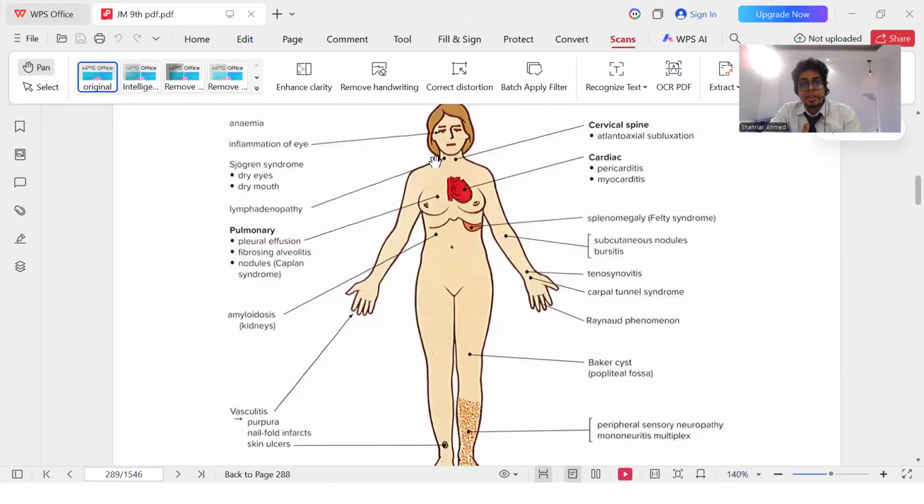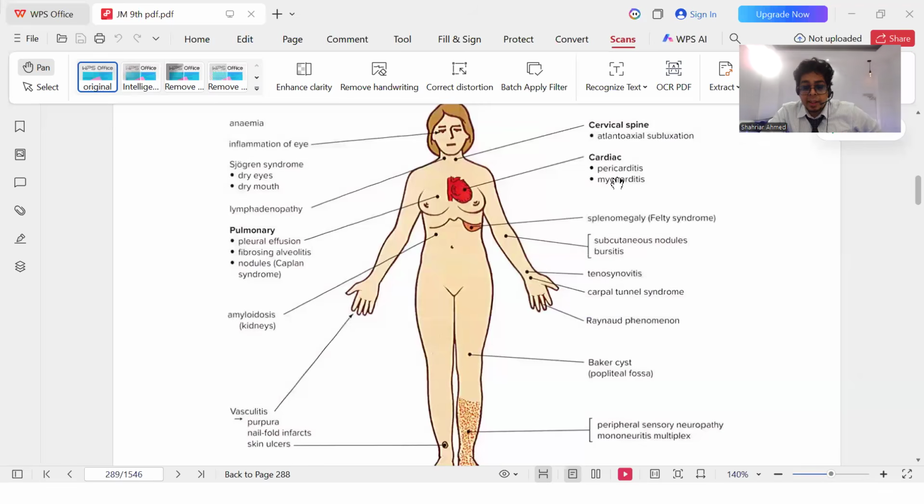Some extra-articular features of rheumatoid arthritis: it can also affect the lung, and it can also affect the spleen, known as Felty's syndrome, and Caplan syndrome.